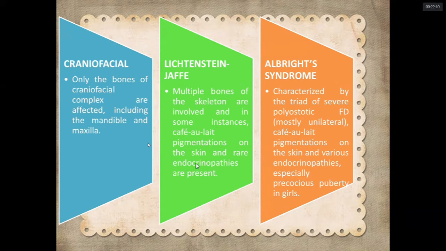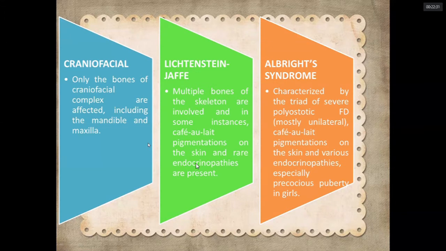The second is the Lichtenstein-Jaffe form, where multiple bones of the skeleton are involved, and in some cases there are café-au-lait pigmentations on the skin. Endocrinopathies can also be present, but these are rare.